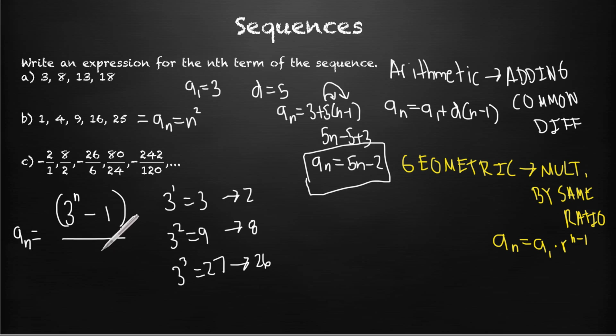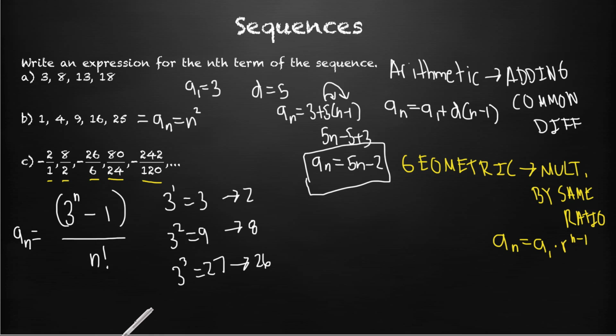And if you look at the bottom, well, you have 1, and then 2, and then 6, and then 24, and then 120. Well, we've seen 120 before on the last slide. That was 5 factorial. And this looks like 4 factorial, and then 3 factorial, then 2 factorial, and 1 factorial. So therefore, the bottom just looks like it's n factorial.